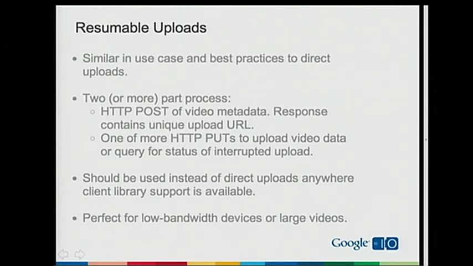And Resumable gives you a way of avoiding that and allowing the upload to continue under those conditions. So it's really perfect for any mobile devices or anything where you may not have a fully dependable network connection, and obviously, the bigger the video, the greater the payoff from Resumable if something goes wrong.